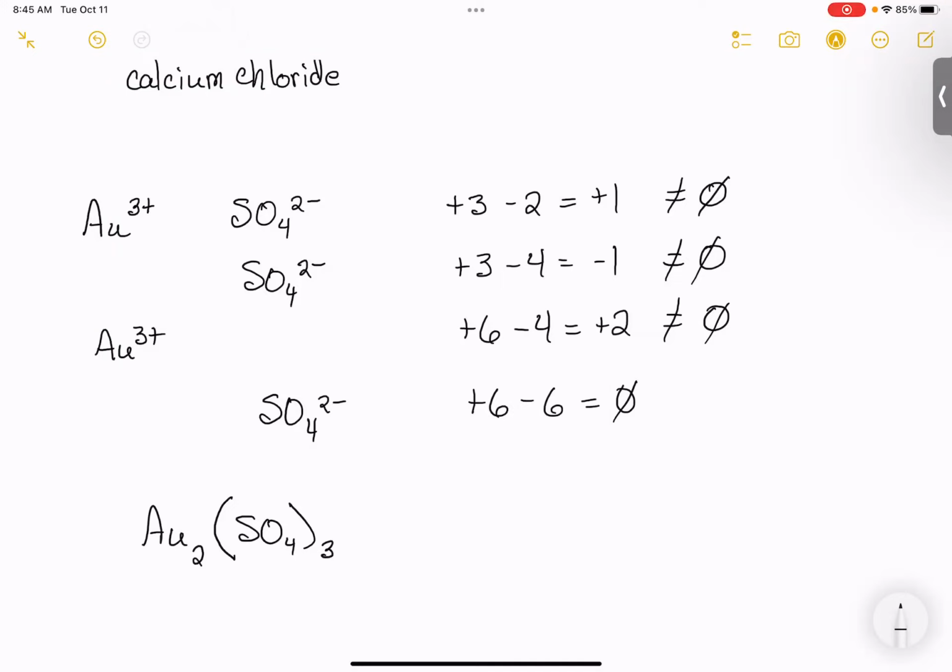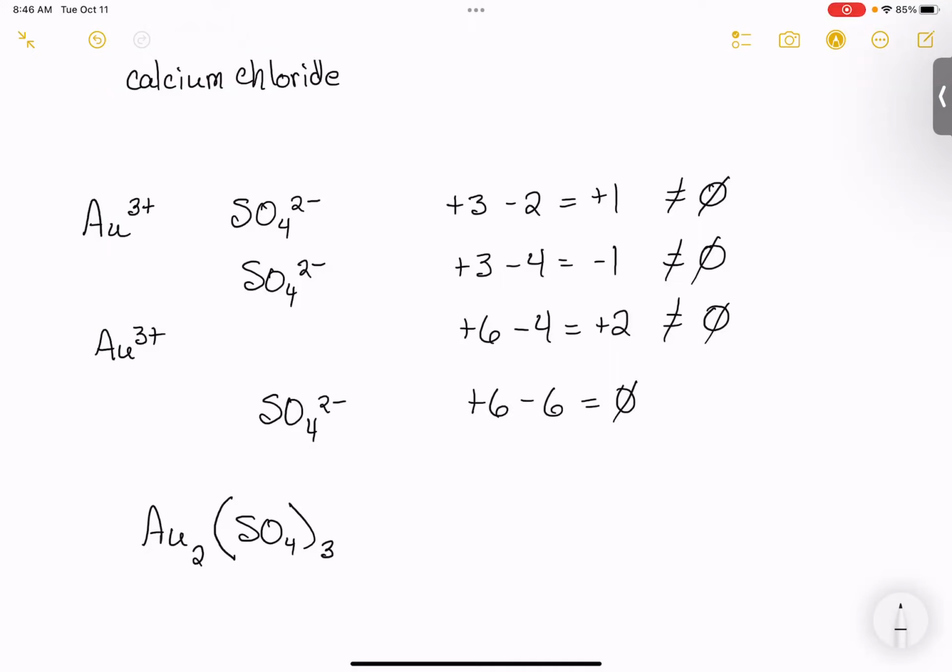That way, you're saying, I need 3 of this entire unit. That is literally what that says. Now I'm going to show you an easier way to get to the formulas. This is just showing you why they have to be charge neutral.